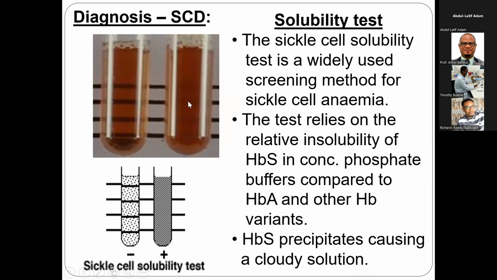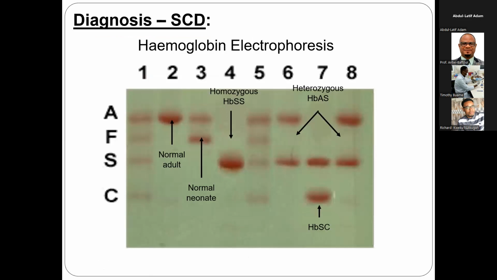If you cannot see the lines, like on the right here, because of precipitation, then that test is sickling positive. That is the solubility test. And then electrophoresis on agarose gel, or what they call cellulose acetate paper, as well as agarose gel.